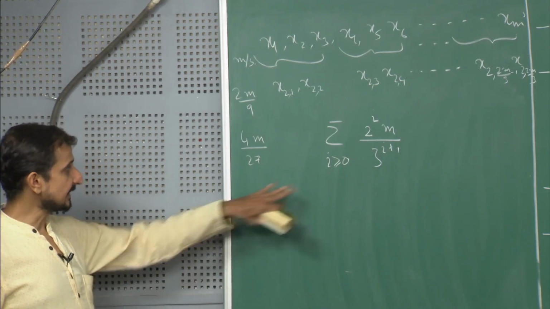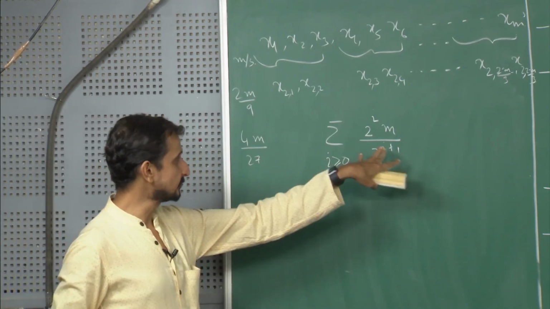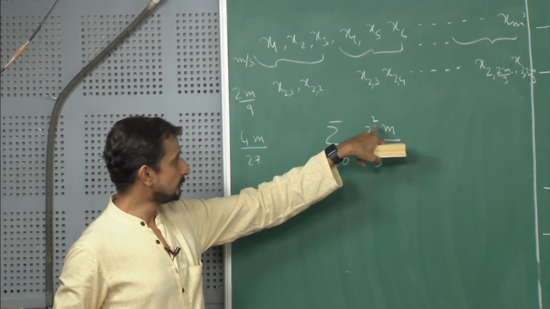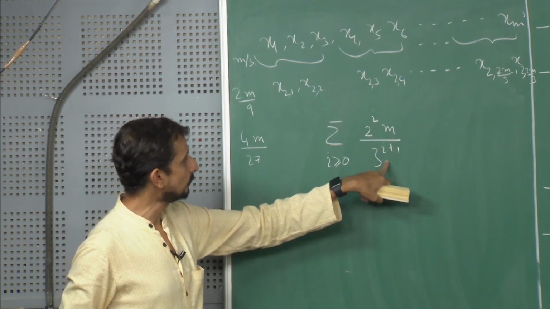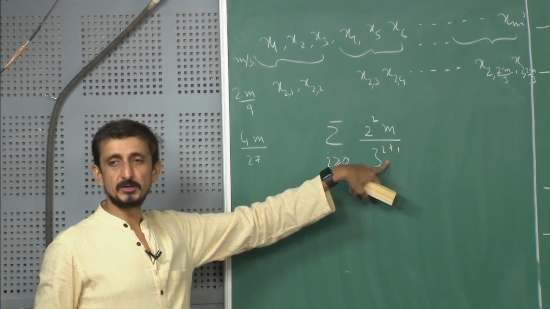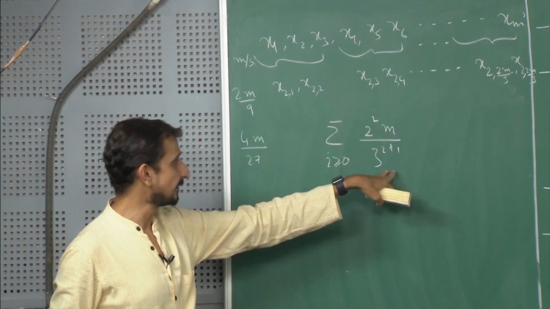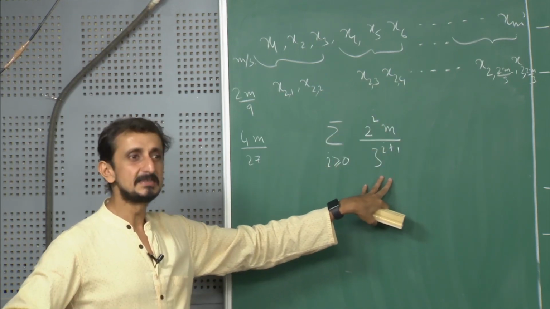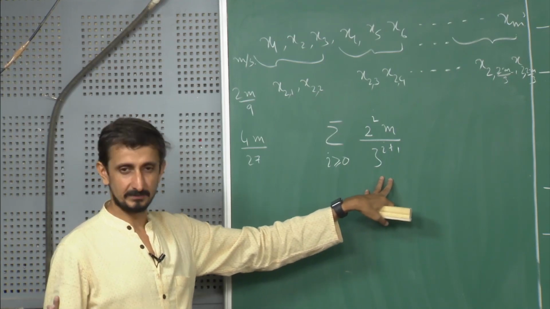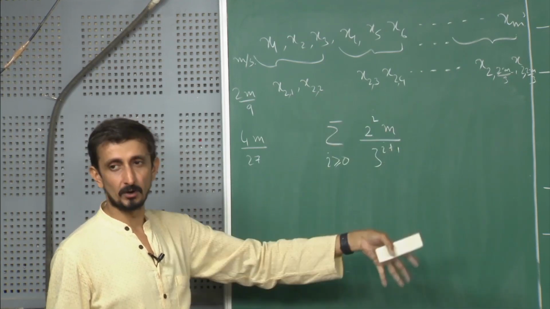If you take m out, what you get is sigma 2 to the power i over 3 to the power i plus 1. This is a convergent series. In fact, 2 to the power i plus 1 divided by 3 to the power i plus 1 itself converges to 3, so this is even smaller than that.